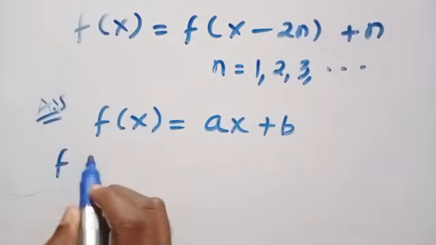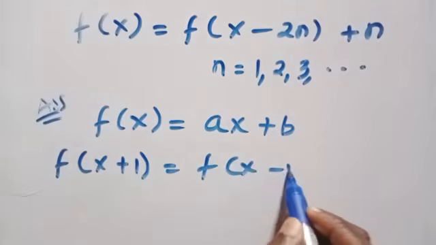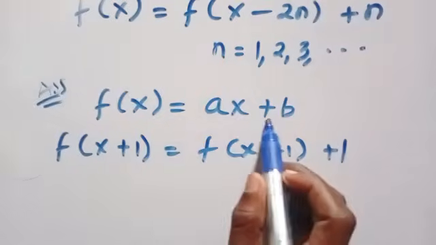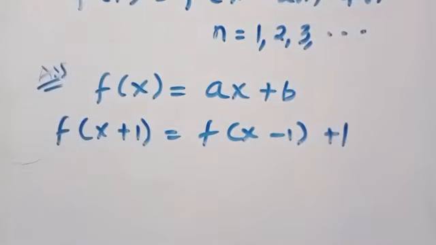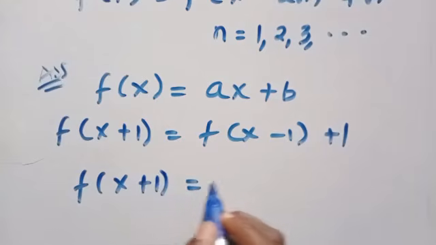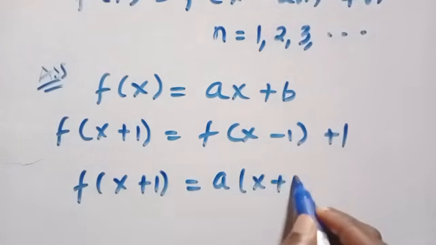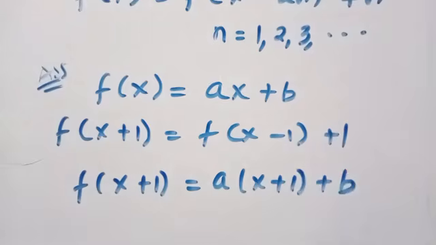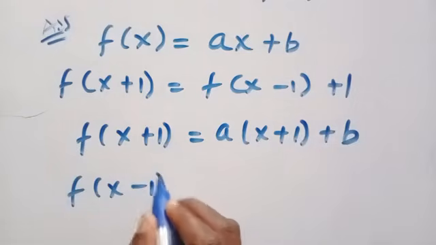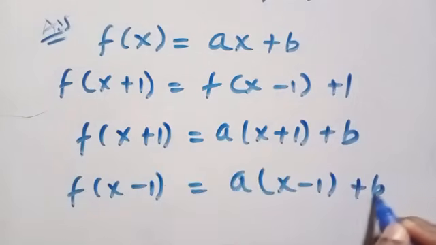Since the equation is f(x+1) = f(x-1) + 1, and we already have a linear assumption, let's find f(x+1). We replace x with x+1: a(x+1) + b. Also, for f(x-1), we have a(x-1) + b.